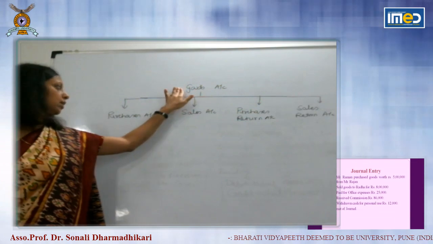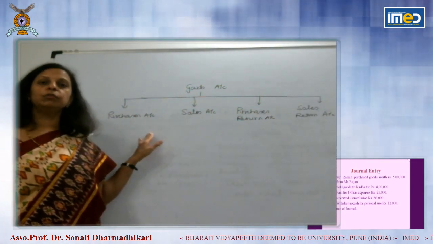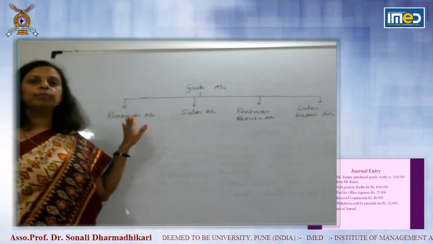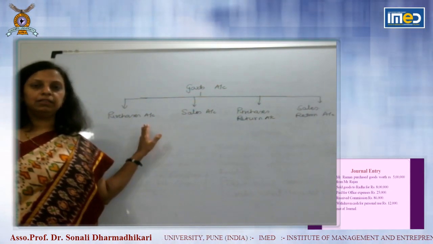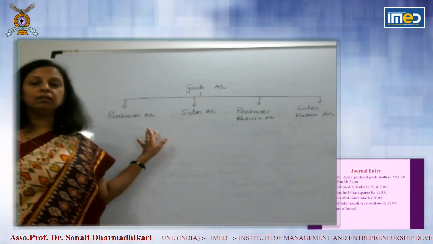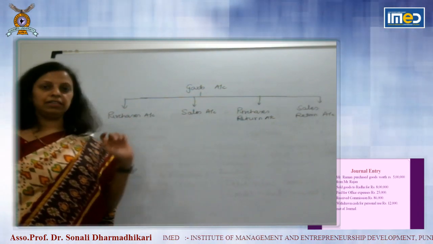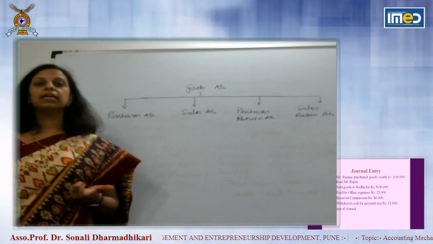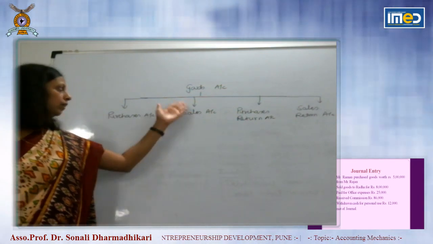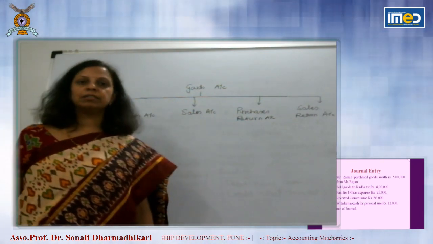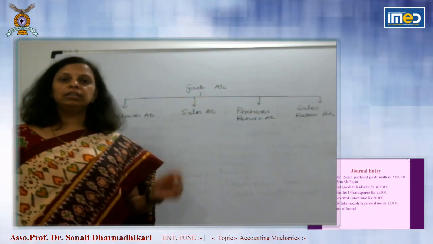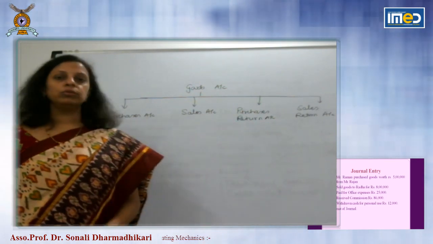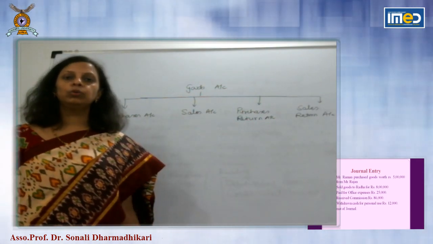So whenever goods are purchased, if you enter under purchases account, then it will be easy to know purchases made during a month, during 6 months, during a year, etc. Sales account. When the goods are sold, it is called sales account. Why? You will come to know easily what sales were made during the month, during the year, during 6 months, etc.